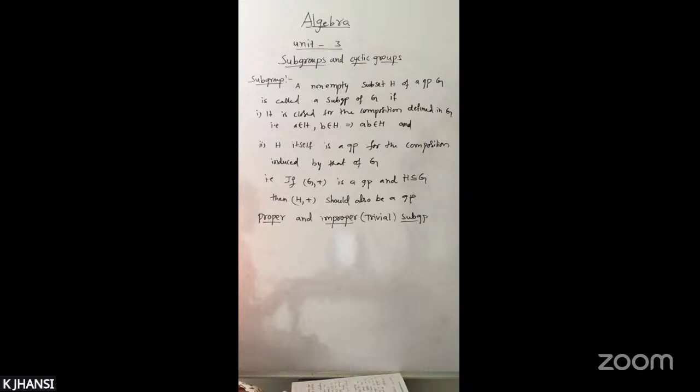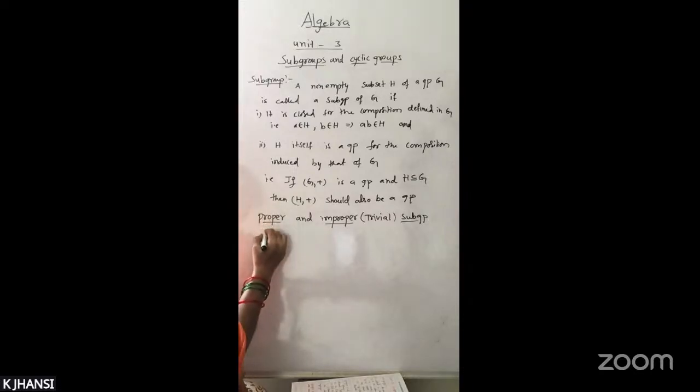Other than these two, the subgroups other than G and E are known as proper subgroups. This is the definition of improper and proper. Improper means only these two. Proper means whatever other subgroups there are.